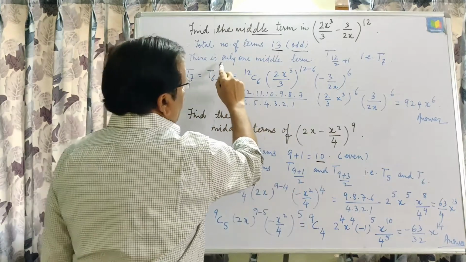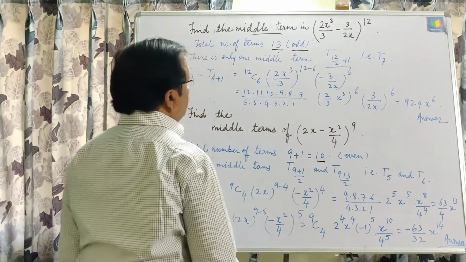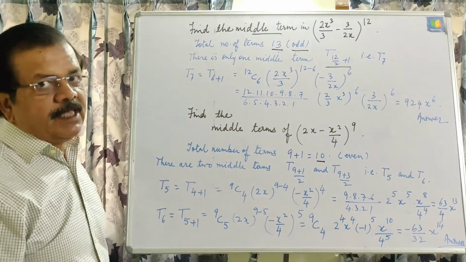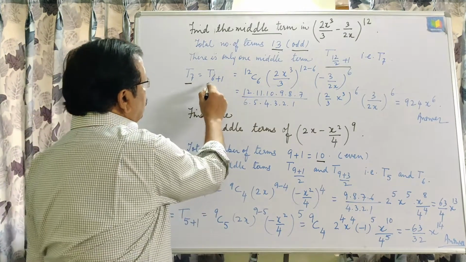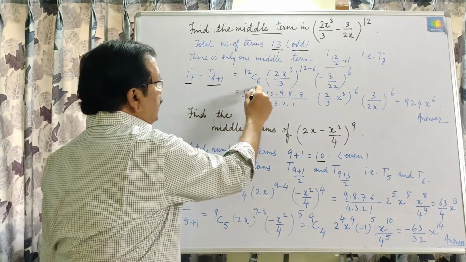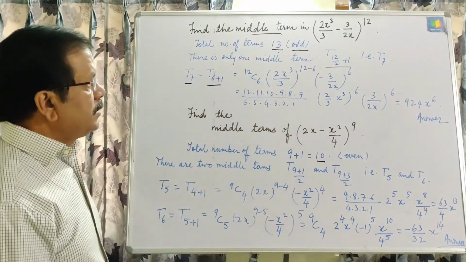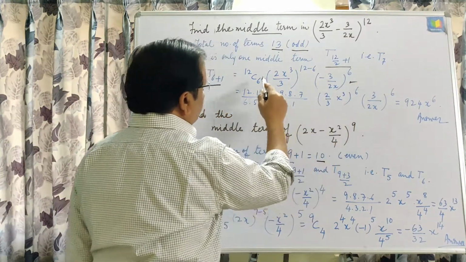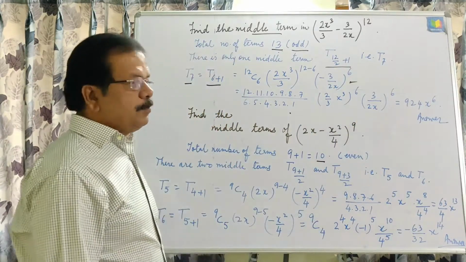In case of odd, the middle term will be T(12/2 + 1), that is T7. There will be a single middle term. And then T7 is equal to T(6+1). And then we can write 12C6 (2x³/3)^(12−6) (−3/2x)^6. After simplifying, we get 924/x^6.